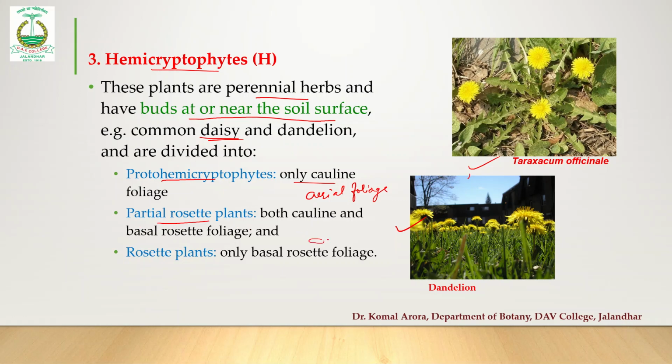For example, close to the soil surface, the leaves are arranged in the form of rosette and above that you have aerial plant as well. So this will be partial rosette plant. And what is a rosette plant? Means they have only rosette foliage. So you will have the leaves just close to the soil surface. Then they will have their reproductive structures. Okay. So these are the three categories of hemicryptophytes.